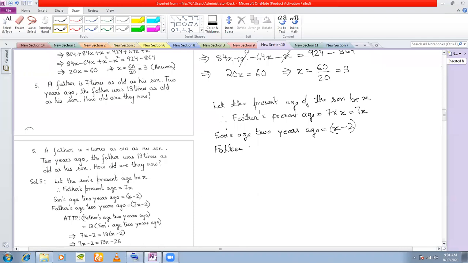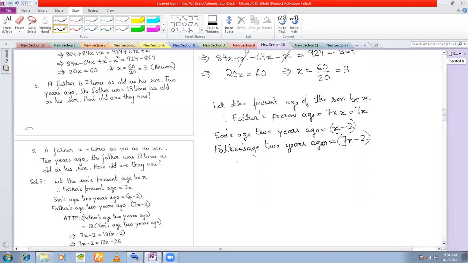Father's age 2 years ago: the present age of the father is 7x, so 2 years ago the father's age would have been 7x minus 2.